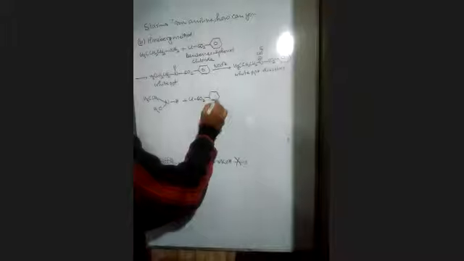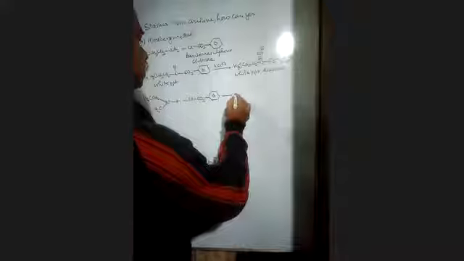Now we'll write here CH3CH2NHCH3, Cl, SO2, this. All right. So it will give you what?